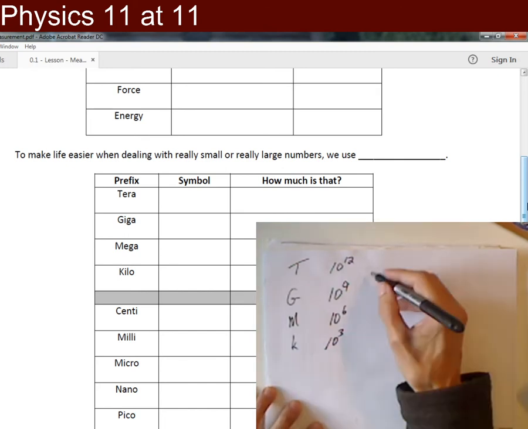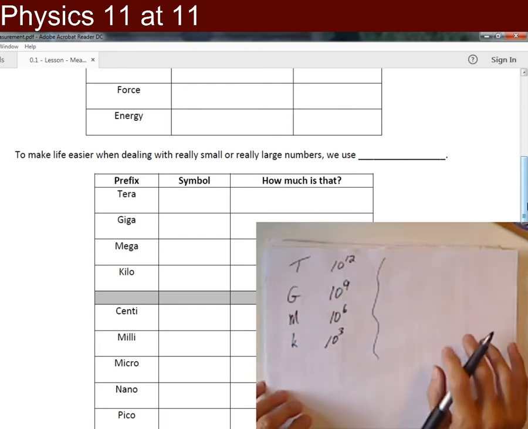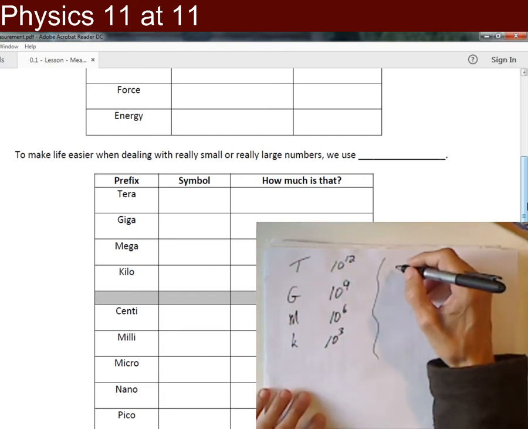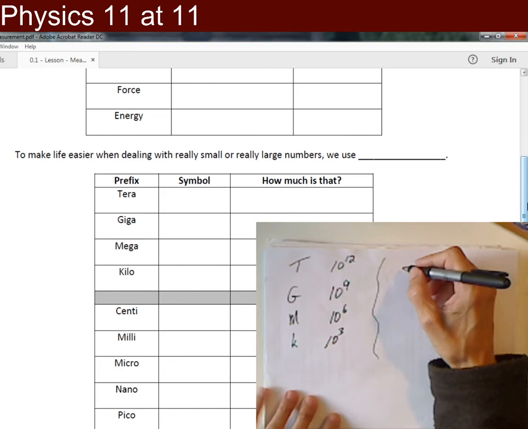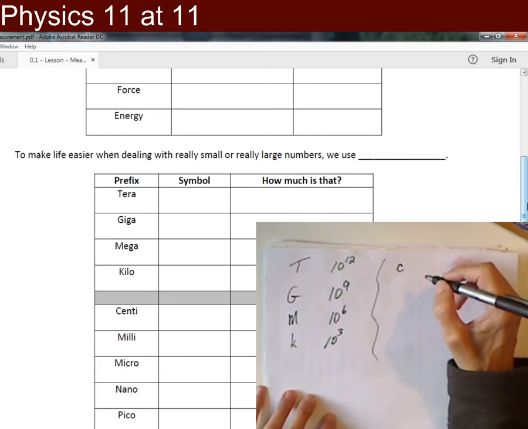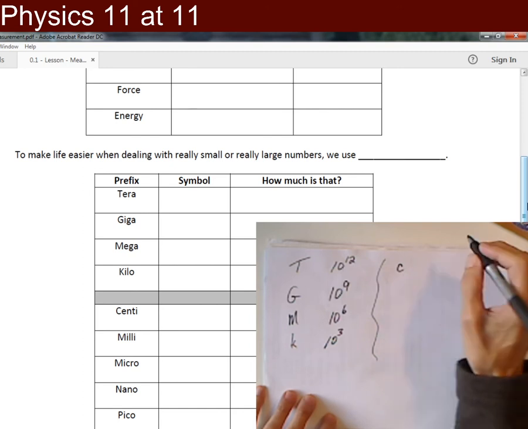Now, these are all the big values, or at least the prefixes for larger numbers. Now we can take a look at the next list, which is prefixes for smaller numbers. Now centi, you've all seen with centimeters given by a c, and then whatever unit comes after there.